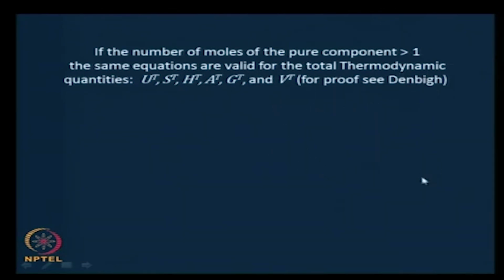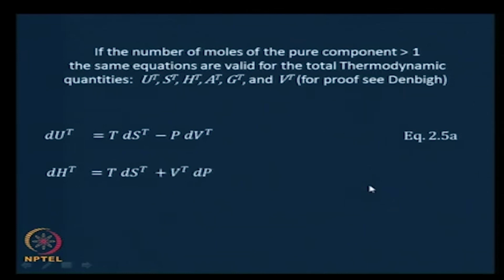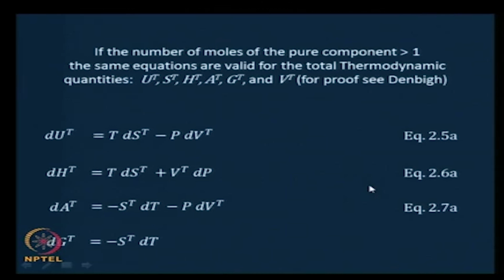Proof is given in Appendix B. Therefore, dUt equals TdSt minus PdVt, dHt equals TdSt plus VtdP, dAt equals minus StdT minus PdVt, and dGt equals minus StdT plus VtdP.